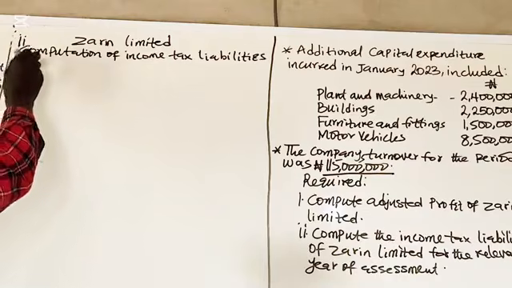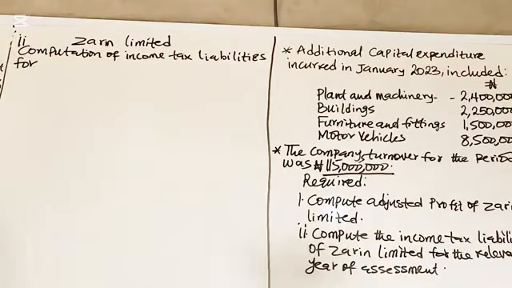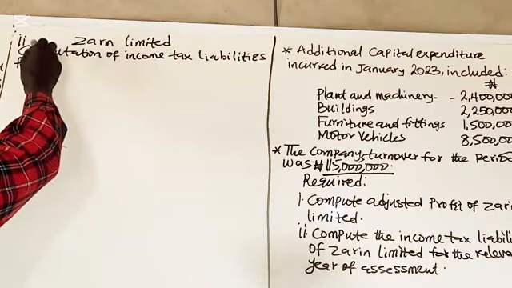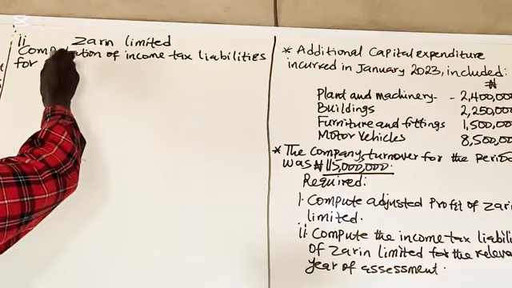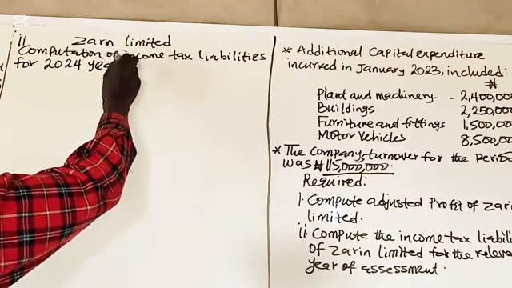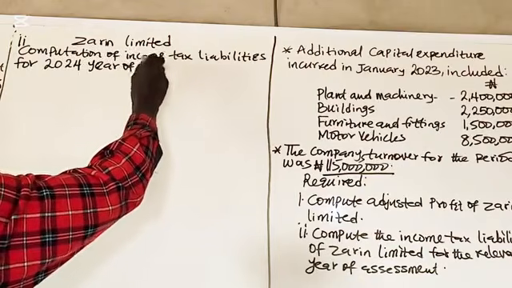Since the financial statement was prepared for the year ended 2023, the year of assessment will be 2024. For 2024 year of assessment.